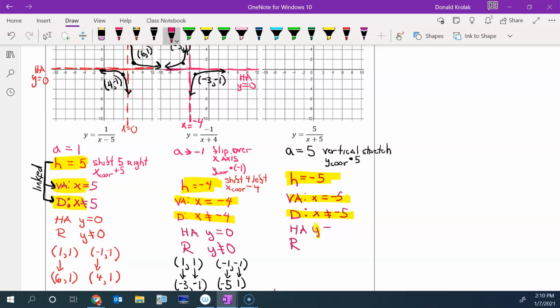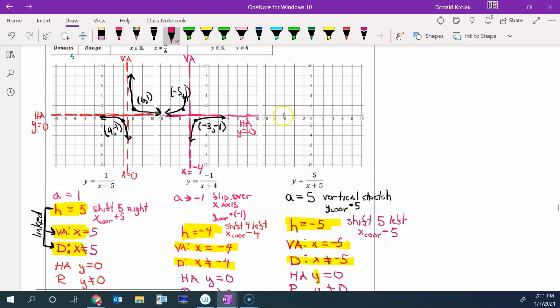Y equals 0. And our transformation is a shift 5 left. And we're going to do that by taking the x coordinates and sliding them 5 left. So you can just do that right on your graph and you're going to have your 2 points.